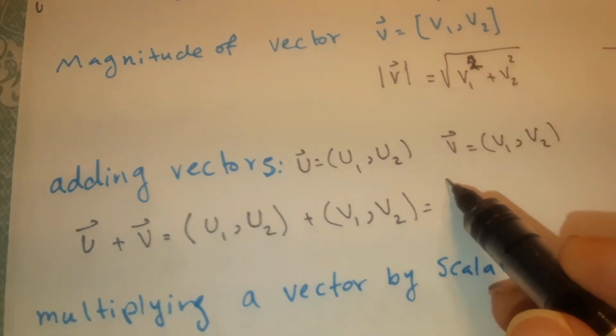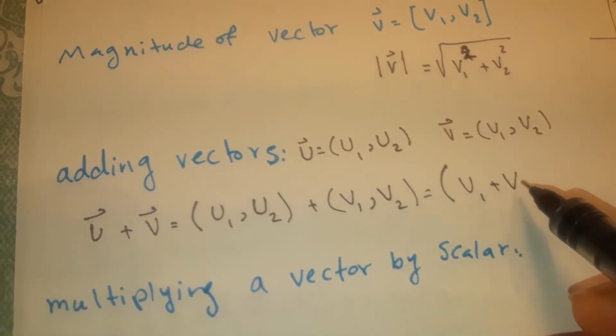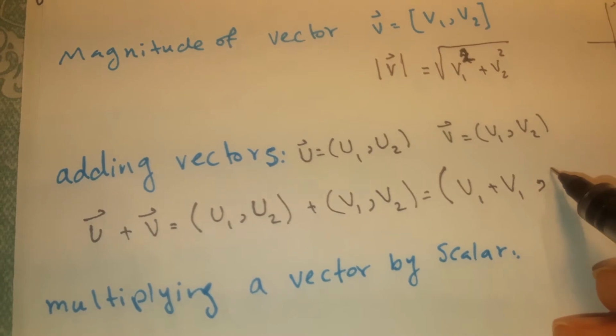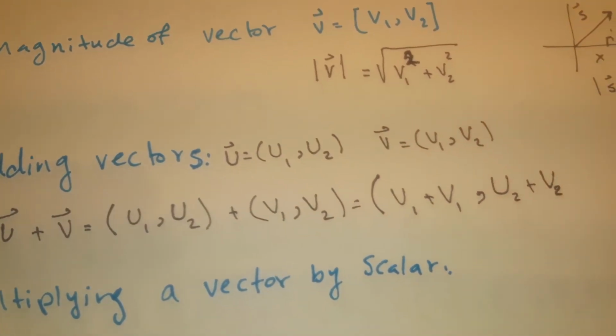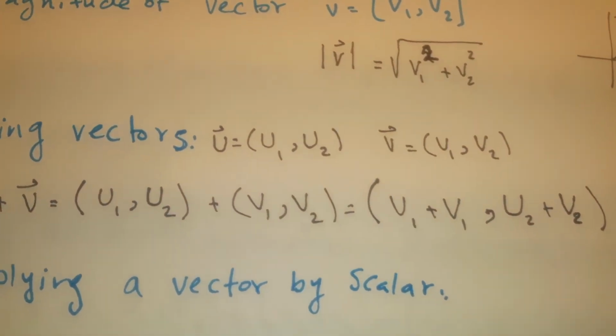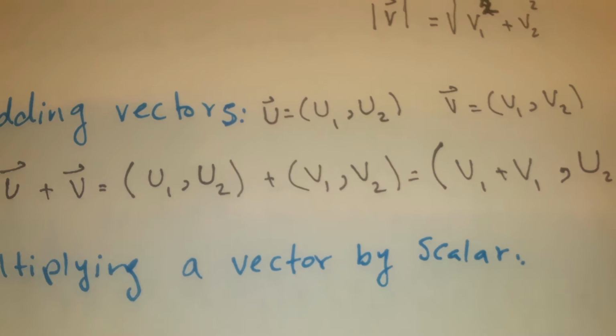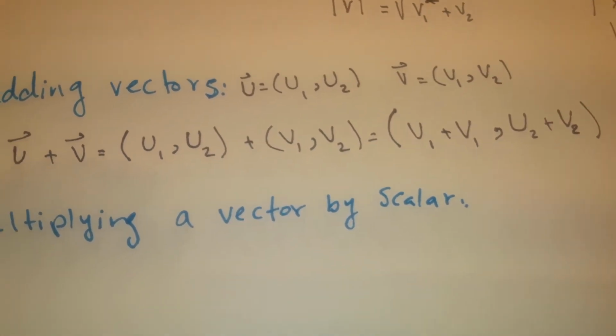We add the x components, u1 plus v1, and u2 plus v2. So adding two vectors, if you have the x and y components of the vectors, you just simply add the x components and add the y components.